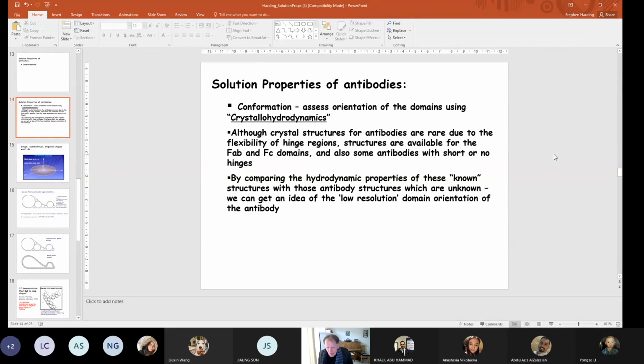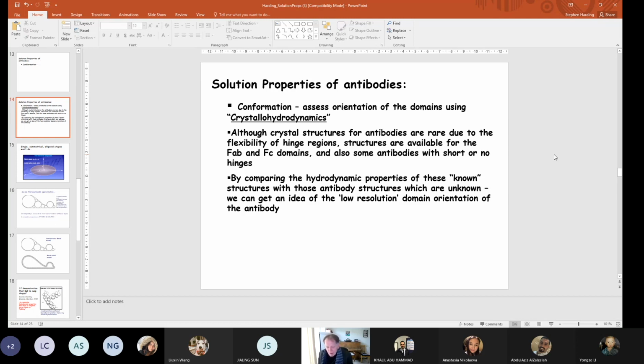It's very difficult for the intact antibody molecule, and generally speaking, we can only do that for antibodies which have got no hinge or very little hinge region. But we can get crystal structures of the individual Fab and Fc domains.